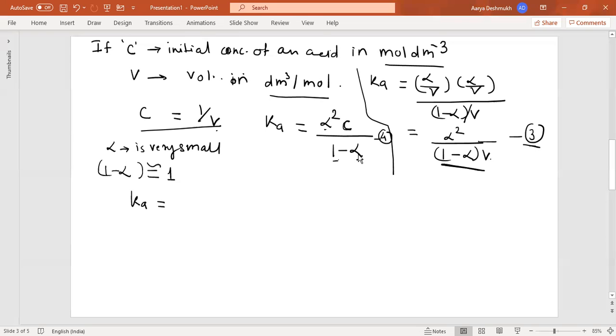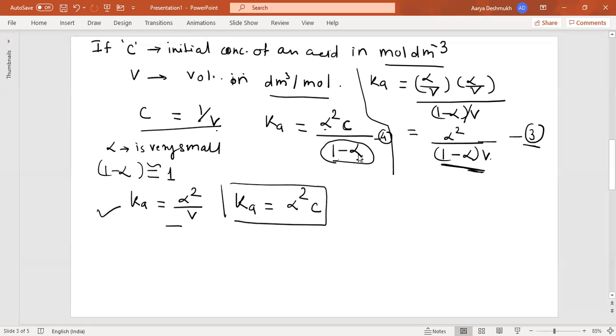So Ka will be equal to alpha square divided by V. This is your equation number 3. And equation number 4, Ka equals alpha square into C. So we arrived at these two equations.